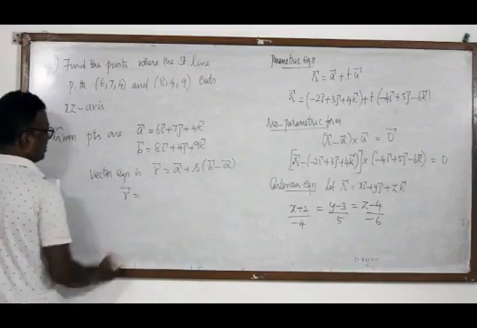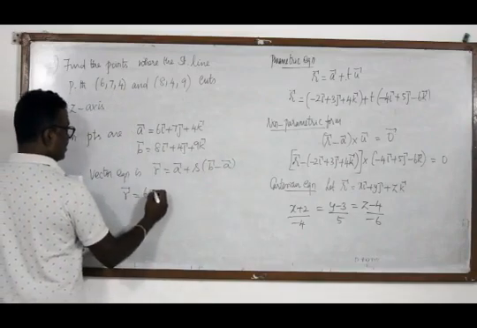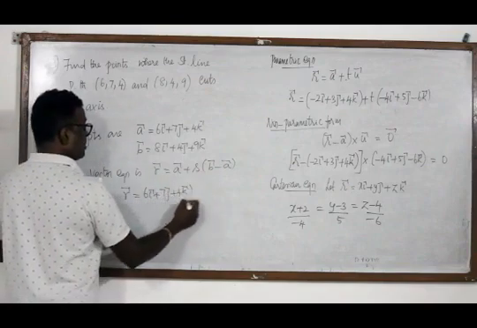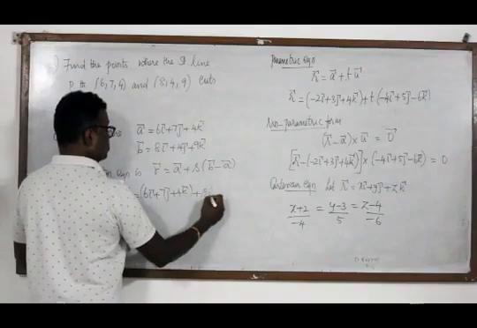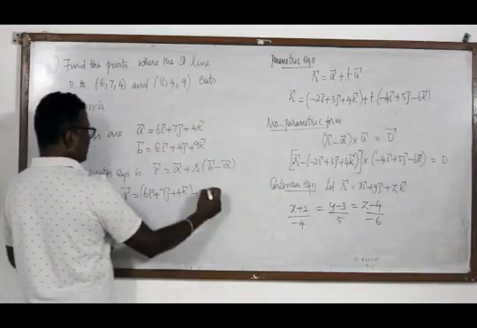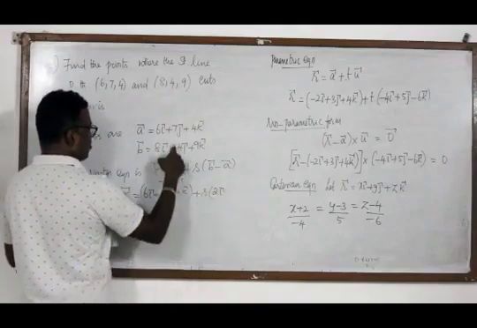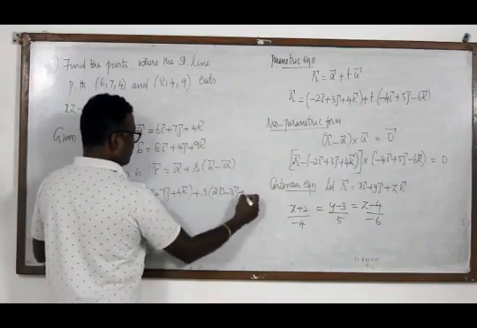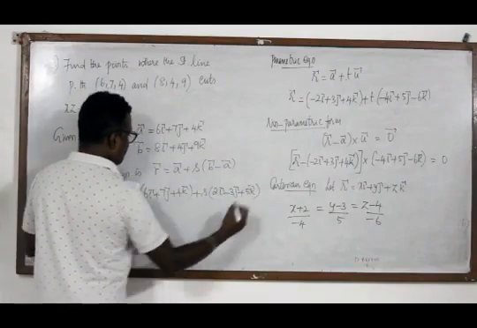So R equals 6i plus 7j plus 4k plus S into (B minus A), which is 8 minus 6 = 2i, 4 minus 7 = minus 3j, 9 minus 4 = 5k.